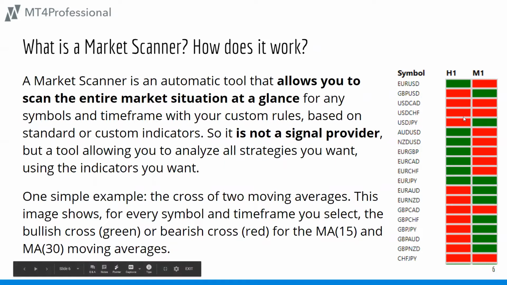Then you can see over here on the right, with a 1 hour and 1 minute chart, the configurations for a lot of different symbols. I can see a bearish cross on the longer term but a bullish cross on the shorter term. For the pound dollar, the longer term is bearish, but the shorter term is bullish.